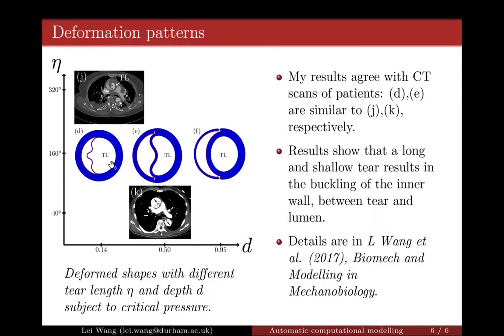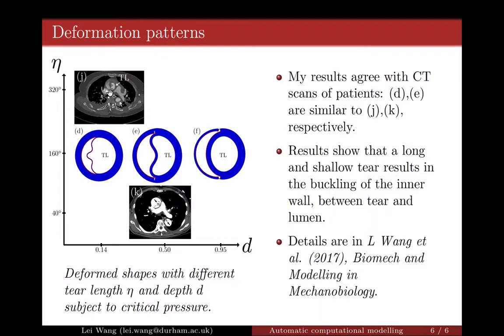Let's have a look at the deformation patterns we have got. With certain values for eta and D, I got these three. And I'm also sharing the CT scan of a patient with aortic dissection. Outside is the chest, and the aortic wall is here.